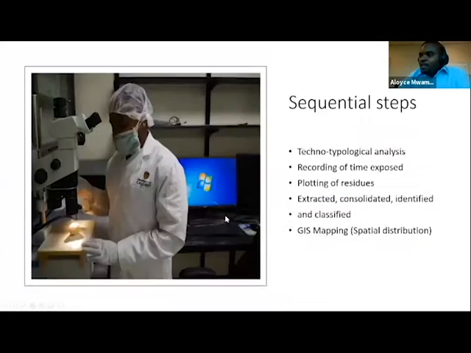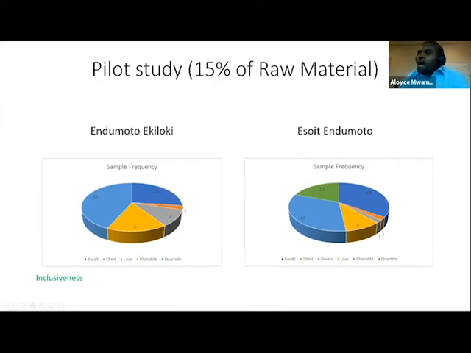Okay. Next, I wanted to show you how these 15% of raw materials apply. I have Endumoto Ekiloki and Aloyce Endumoto. I wanted to show the sample frequency of each site. The reason is to show you how 15% is much more inclusive when it comes to raw materials.